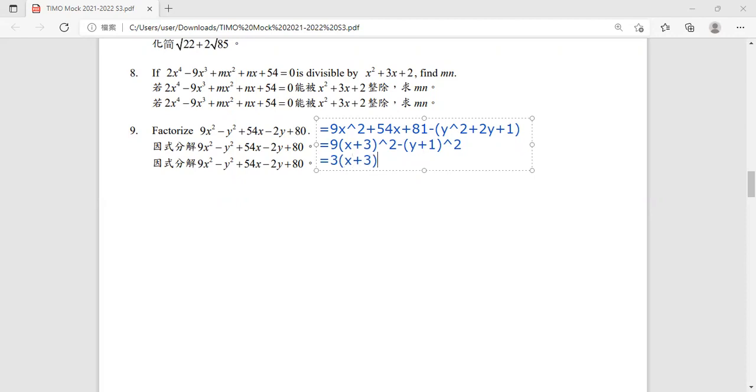So it becomes the first one here and the second one like this. After you simplify, just that simple.